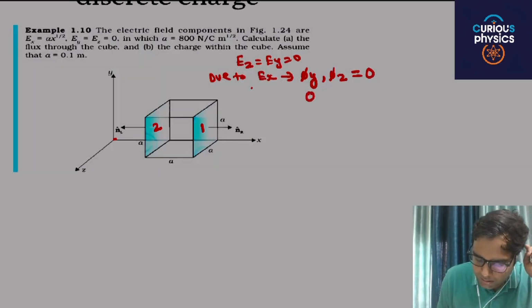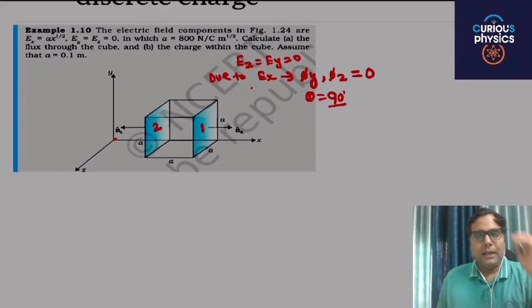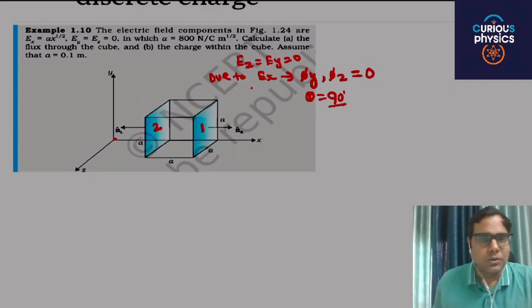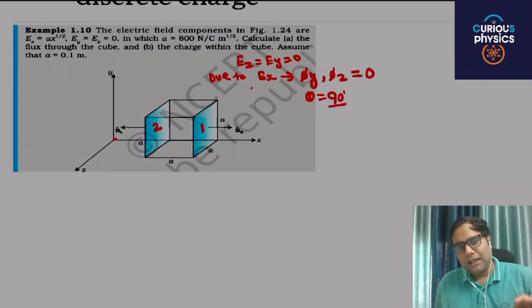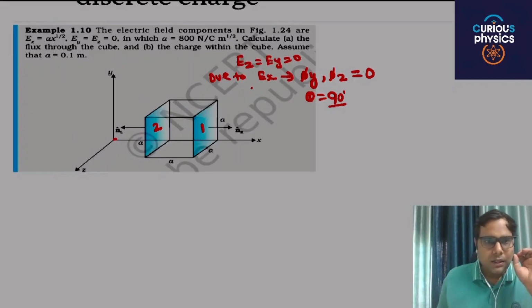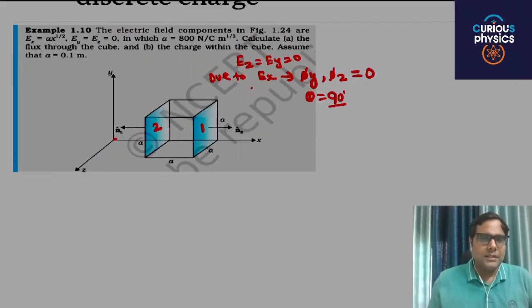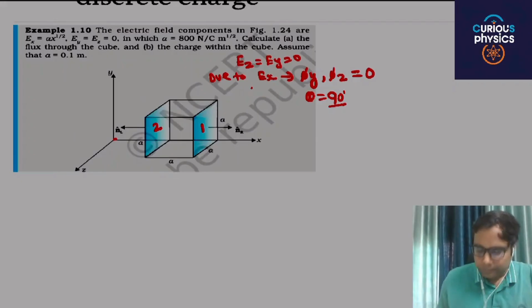Because theta is equal to 90 degrees. The electric field and these faces make an angle of 90 degrees and cos 90 is 0. Are you getting my point? Because electric flux is E A cos theta. So electric flux is passing only through face 1 and face 2. From other faces, electric flux is 0.